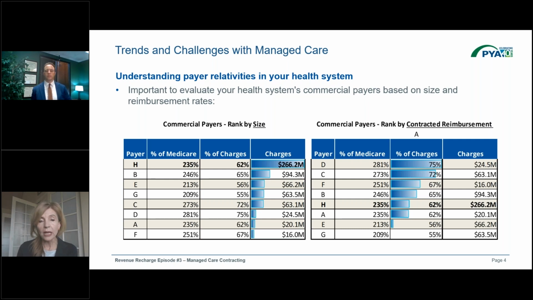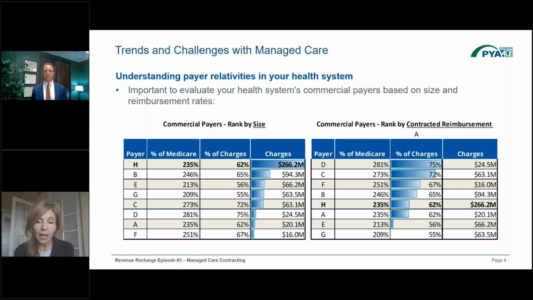We also take a look at the order of magnitude. So for this health system, you can see that payer H has the most material level of charges for the organization. So as we focus on payer contracting, that's really an important data point to understand. Now, payer H certainly isn't the most generous of payers.